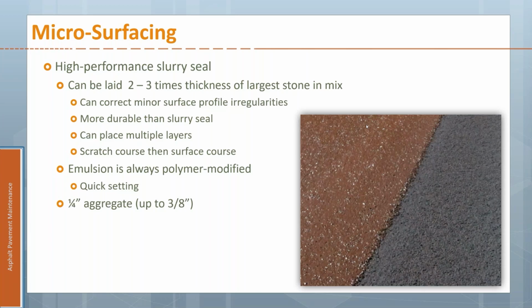But with a high performance type, you can come in and do multiple layers on purpose, at that same time. So a lot of times what folks will do if they've got some minor rutting, they might come in and place a scratch course to fill in some of those low spots, and then put the surface course over the top of that to finish it out.